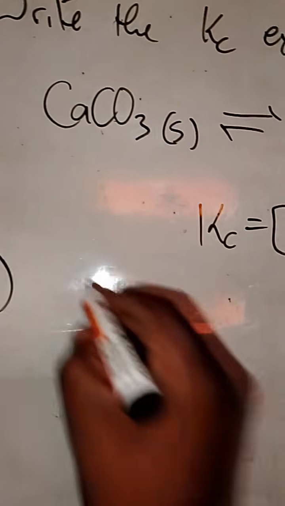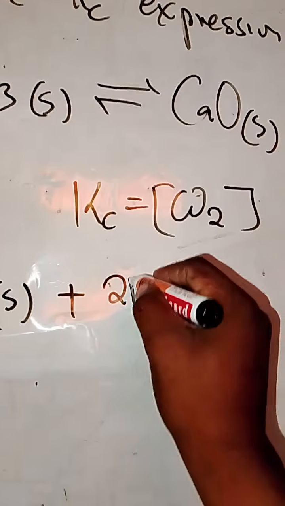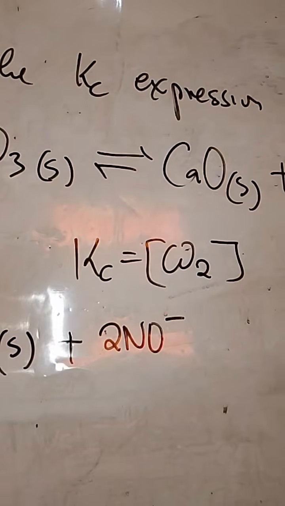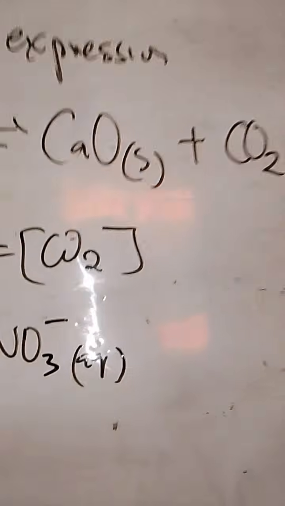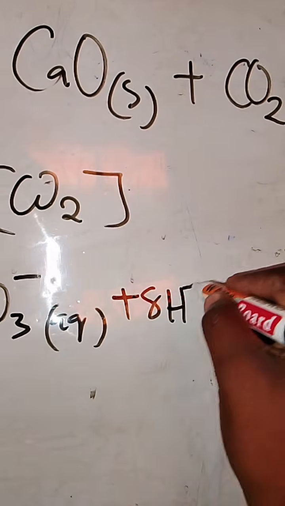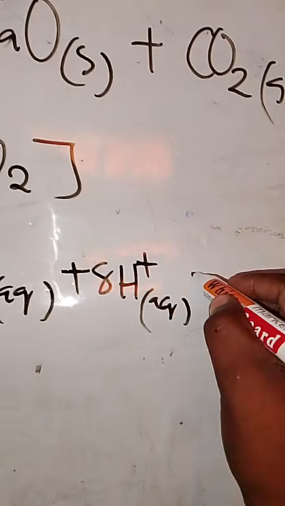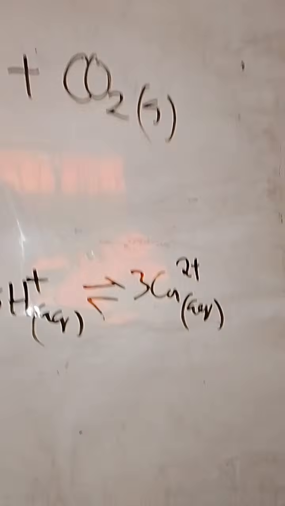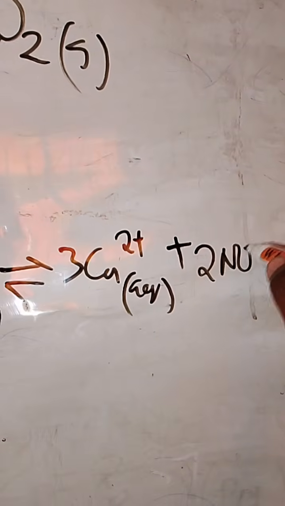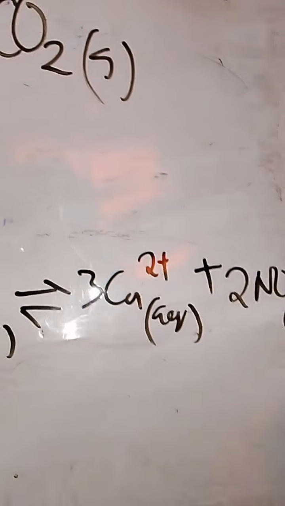B: 3 copper solid plus 2 NO3 minus aqueous, plus 8 hydrogen ions aqueous, forms 3 copper 2 plus aqueous, plus 2 NO gas, plus 4 H2O liquid.